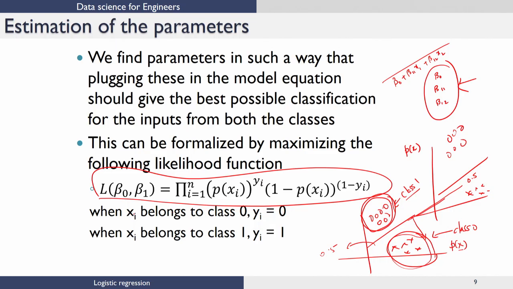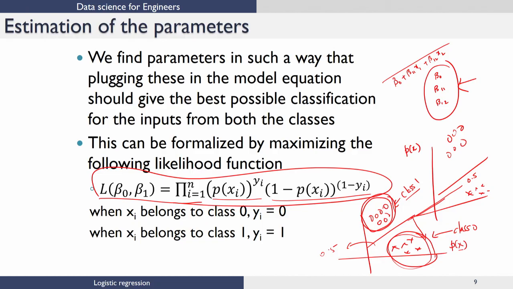So, whenever a data point belongs to class 0, anything to the power 0 is 1. So, this will vanish. In the product there will be functions of this form, 1 minus p of xi, and because yi is 0, the other term will become something to the power 0, which is 1. So, this term will vanish, and the only thing that will remain is 1 minus p of xi.